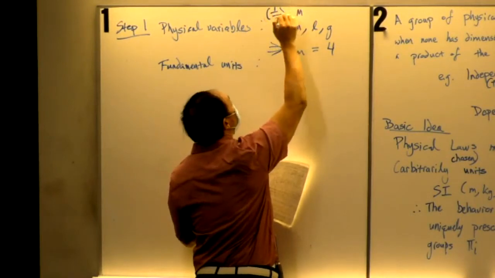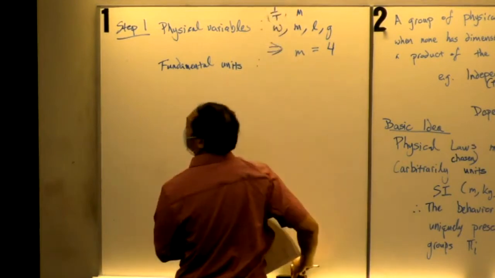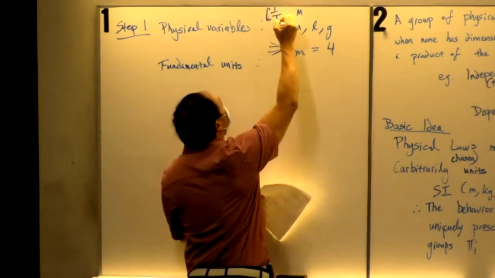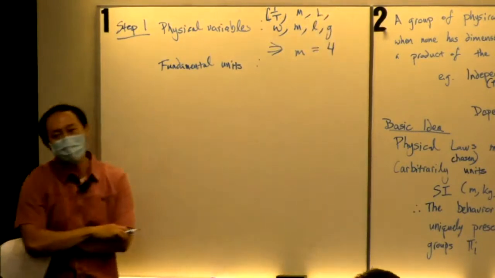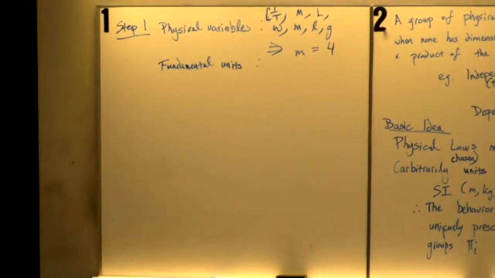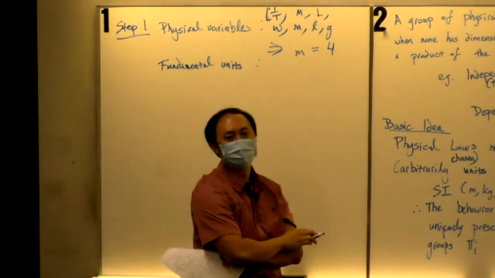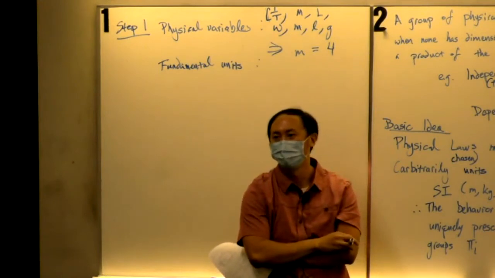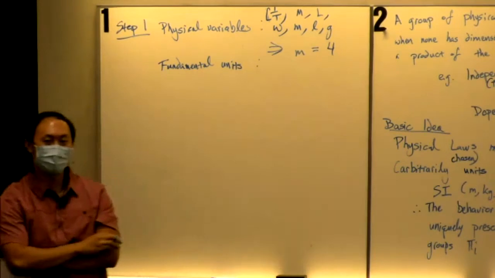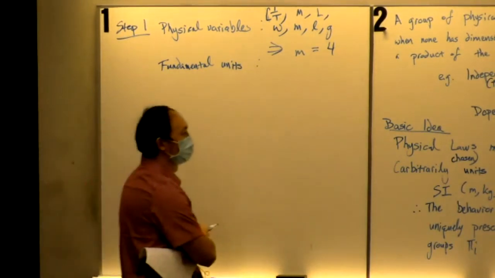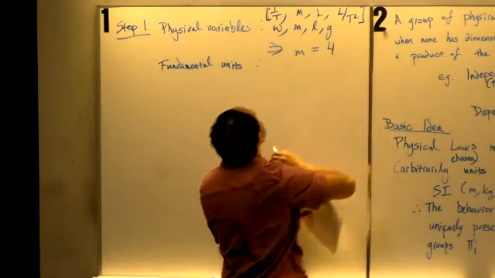The mass is mass, length is length. Gravitational acceleration. Who knows the units of gravitational acceleration? Say that again. Is it mass per time squared? Mass per time squared. Close. Length. Good. Got the time squared right.